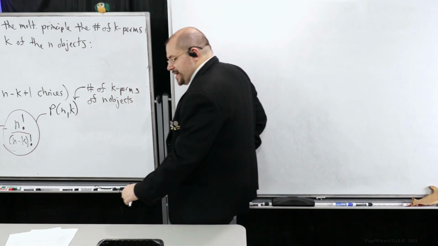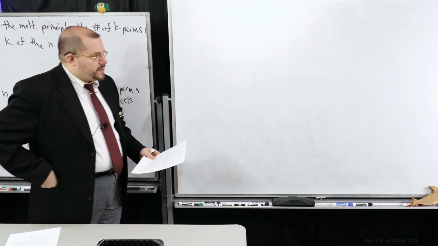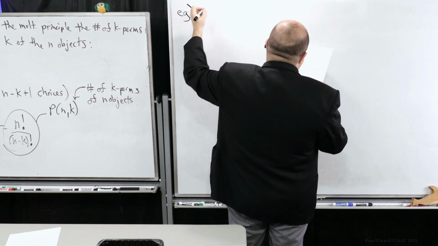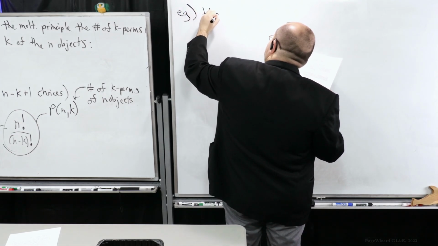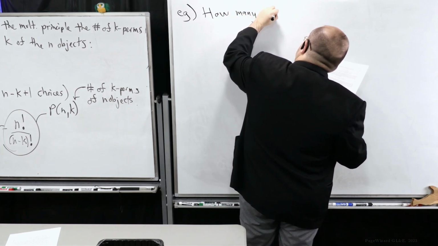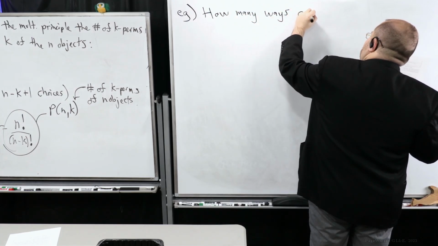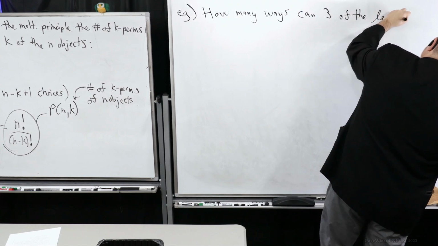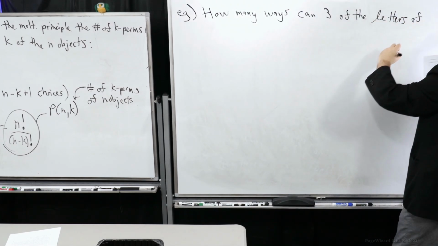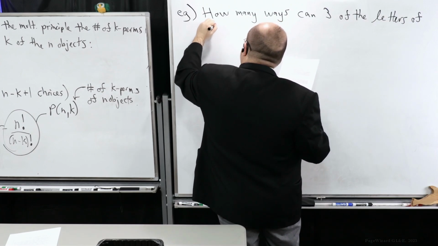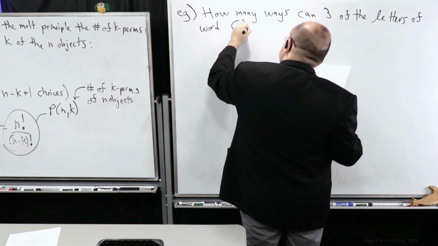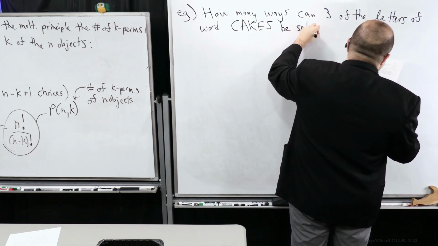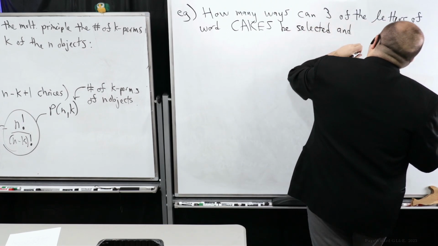Okay, let's do a couple of examples. How many ways can 3 of the letters of the word cakes be selected and written in a row?